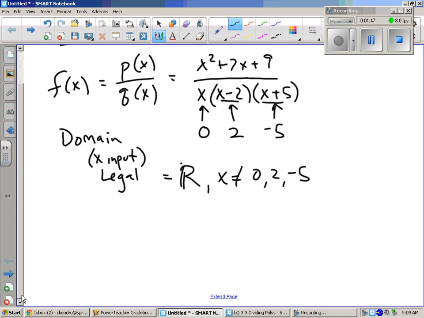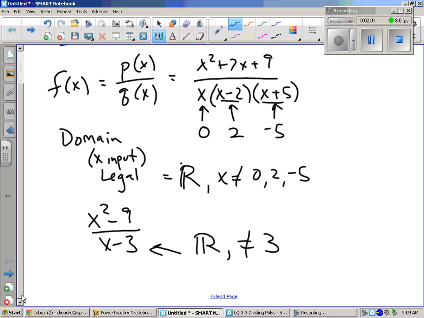Let's try another example. Let's say I have x squared minus 9 over x minus 3. Look at the denominator. What can x not be? Again, it can be the reals except for x cannot be 3, because if I put a 3 in there, the denominator becomes 0.